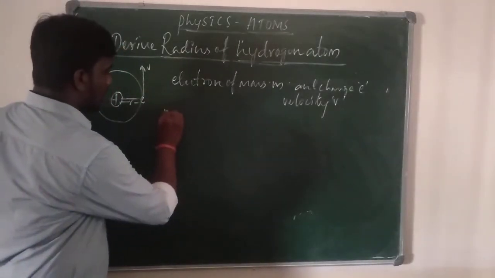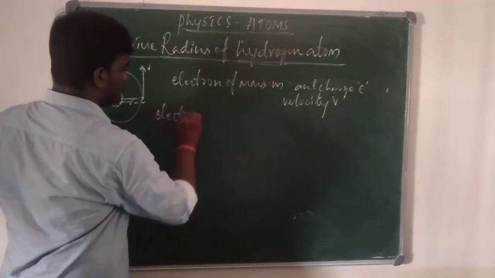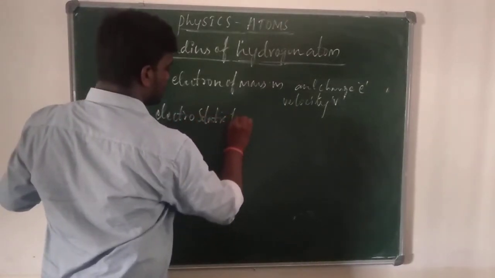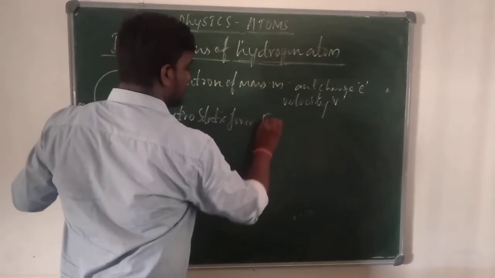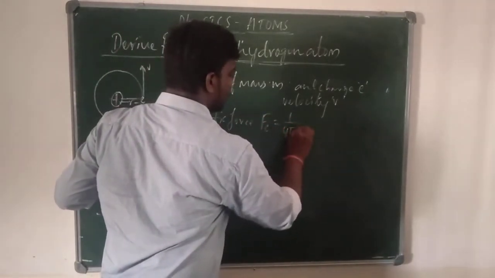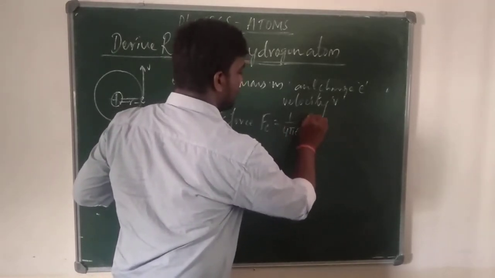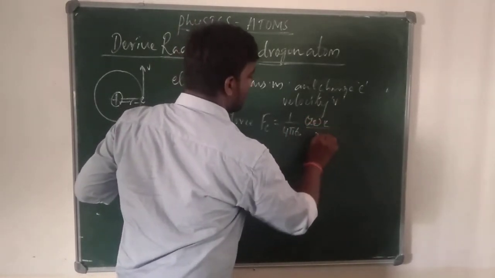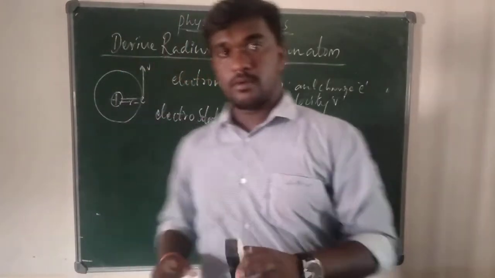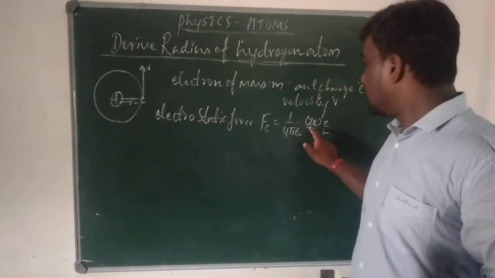Here the electrostatic force Fe is equal to 1 by 4 pi epsilon naught Ze into e by r square. So the electrostatic force will be created between them.